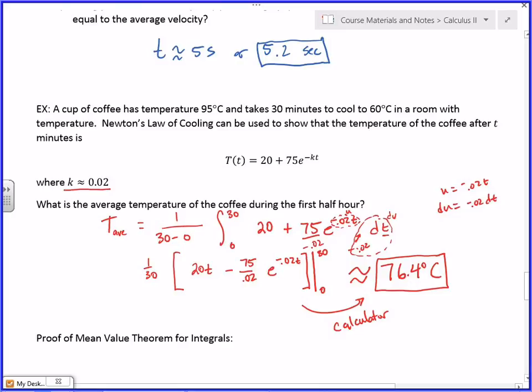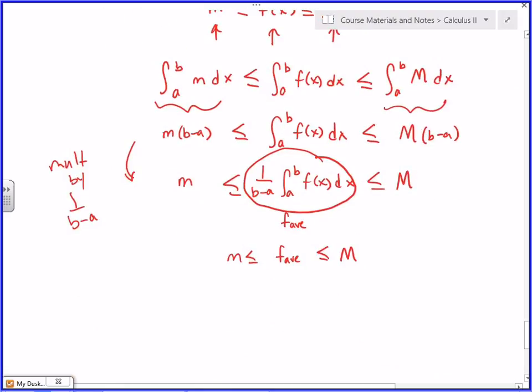It made perfect sense to us because it starts at 95 and goes down to 60, so it has to pass between. But this right here is a mathematical proof of that fact. The average value is going to be between the lowest value and the highest value of the original function f. That's what this right here tells me. Okay?